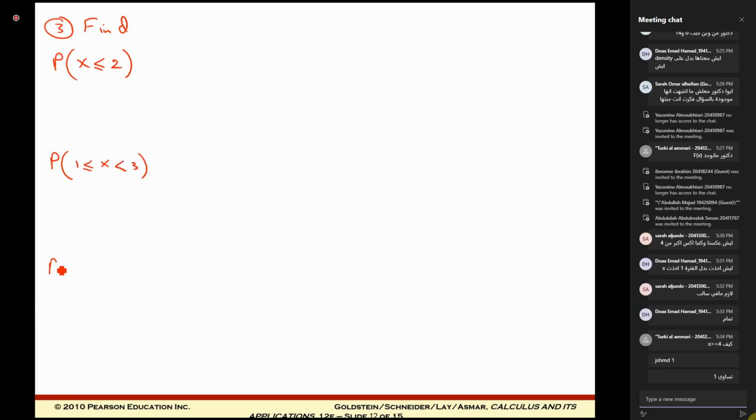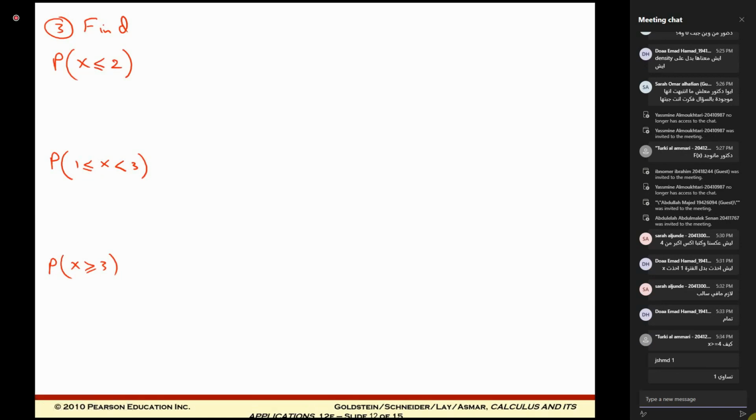Find the P, for example x greater than or equal to, or 4, or greater than 3, like this.